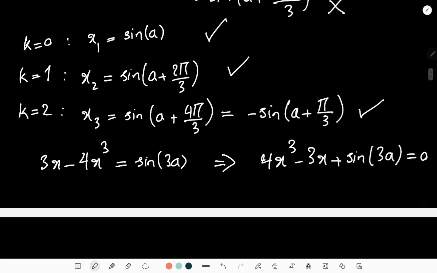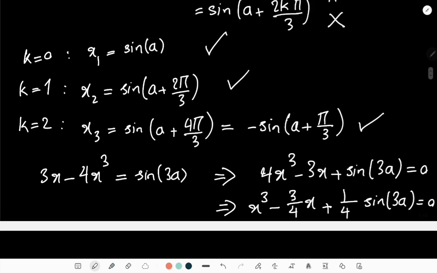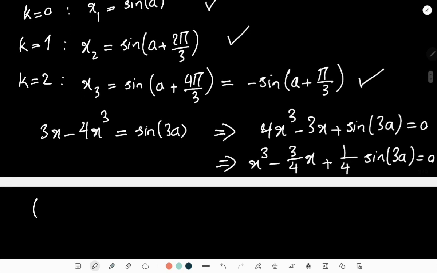Let us divide both sides of the equation by 4. Then I will get here x cubed minus 3 over 4 x plus 1 over 4 sine of 3a is equal to 0. But we know that this equation has these roots up here, x1, x2, x3. And we know that the equation can be written as x minus x1 times x minus x2 times x minus x3 equals 0.